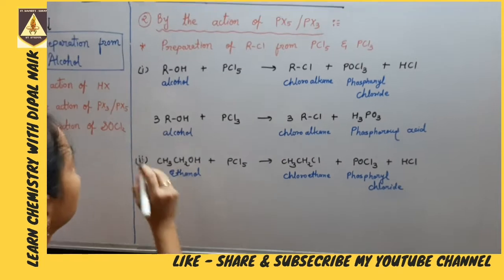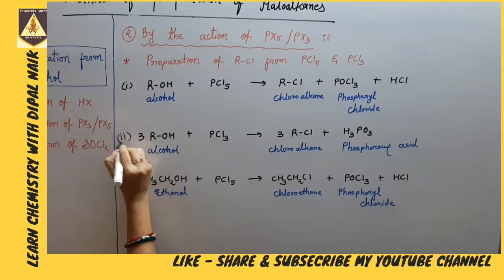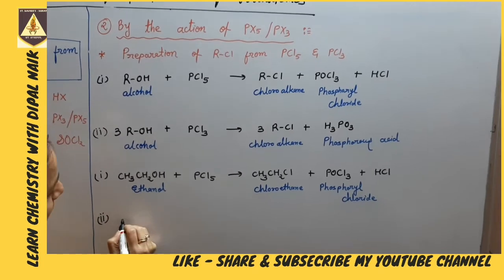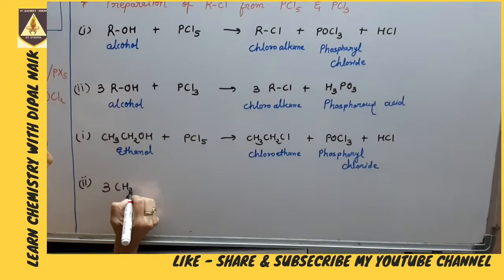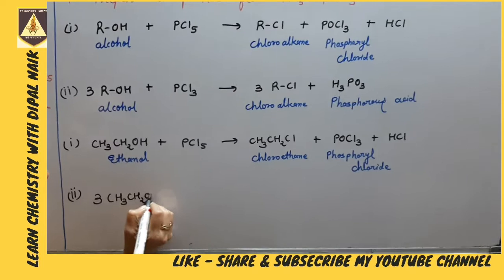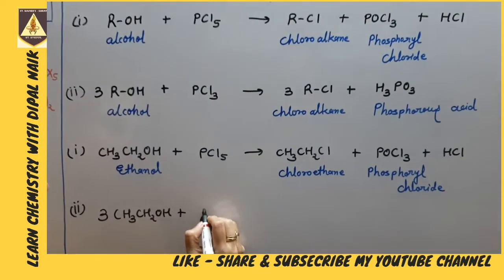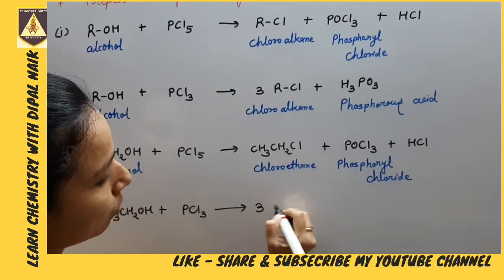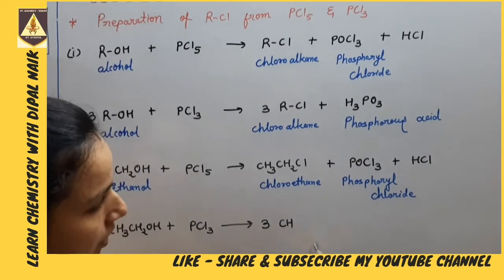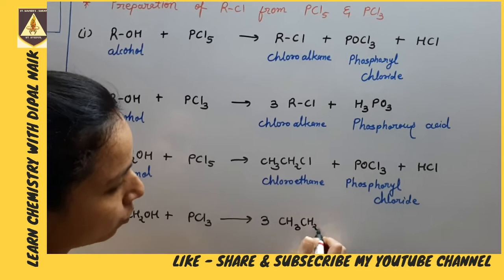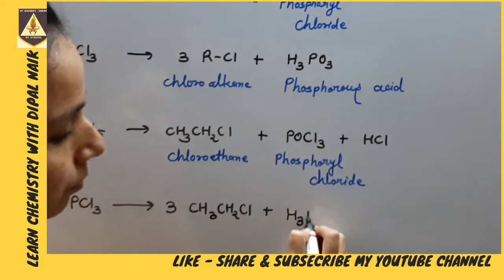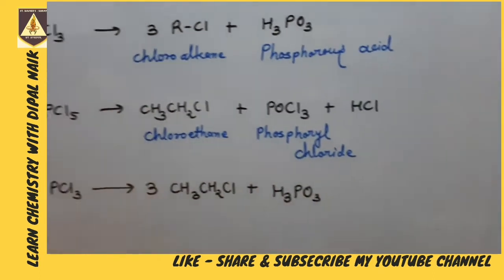For reaction number 2, the example is 3 moles of CH3CH2OH, ethanol, reacts with PCl3, phosphorus trichloride, to give 3 moles of CH3CH2Cl plus H3PO3, phosphorus acid.